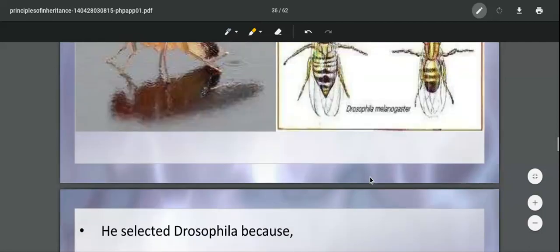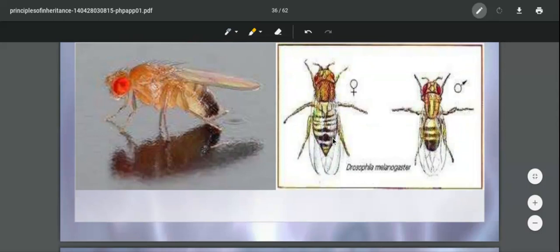As you can see here in the diagram, the female is larger than the male, and also you can see that the male has a darker abdomen and a much more rounded abdomen as compared to the female, where the edge of the abdomen is pointed, and it is much lighter as compared to the male.